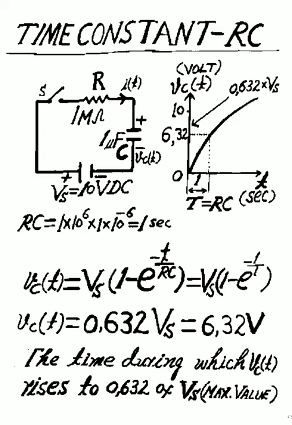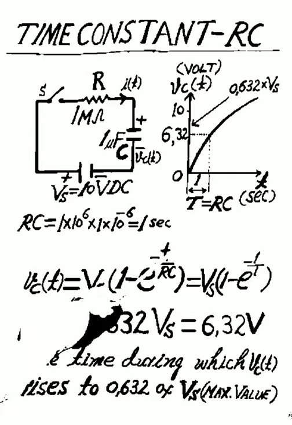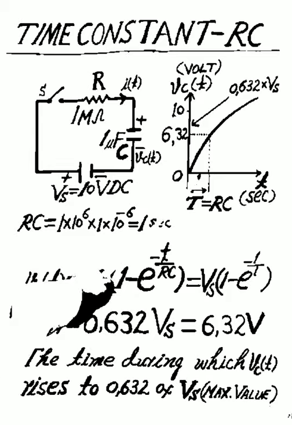So VC(t) equals 0.632 multiplied by Vs. In our example, Vs is equal to 10 volt, so VC(t) equals 6.32 volt. The time required to reach 6.32 volt equals RC, equal to 1 second.